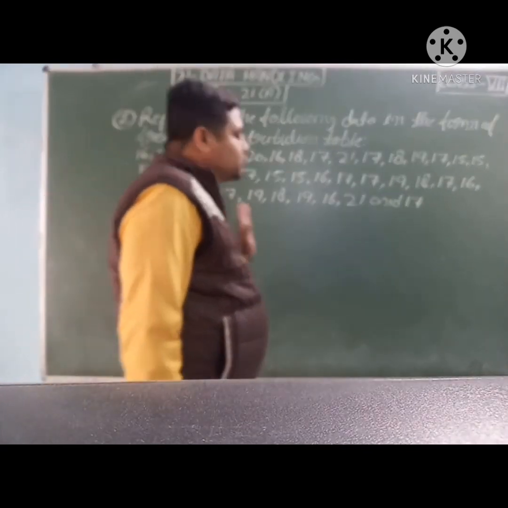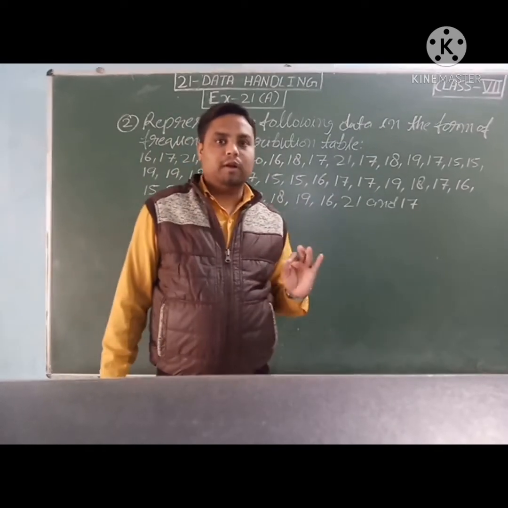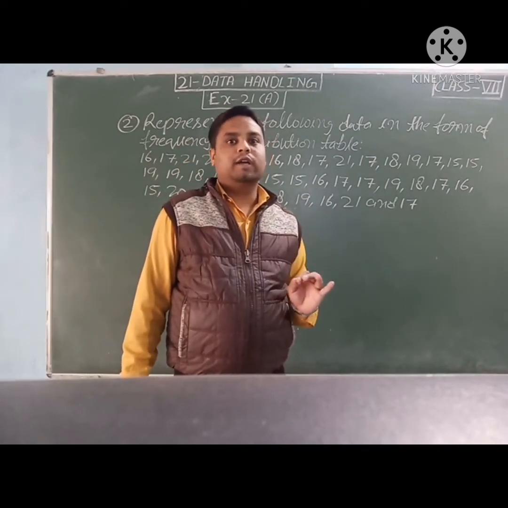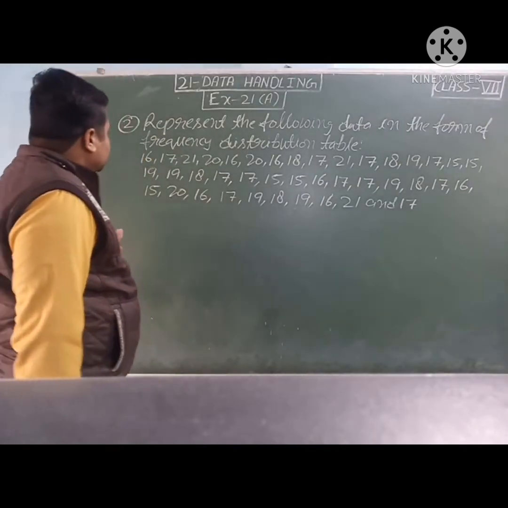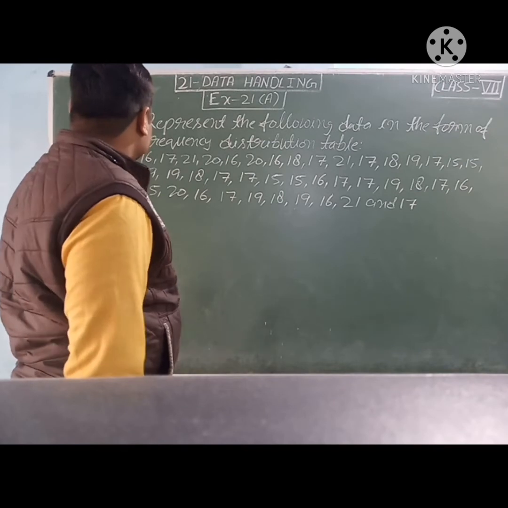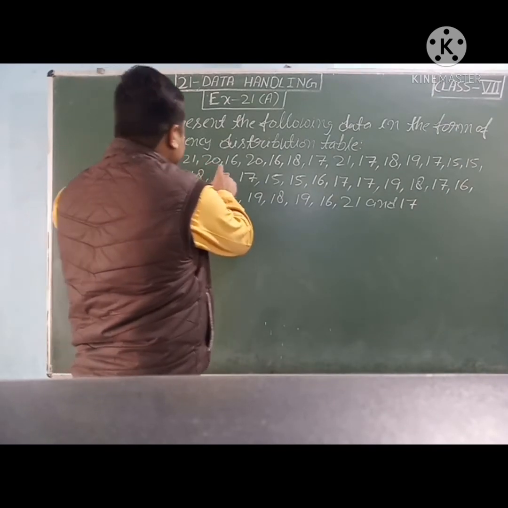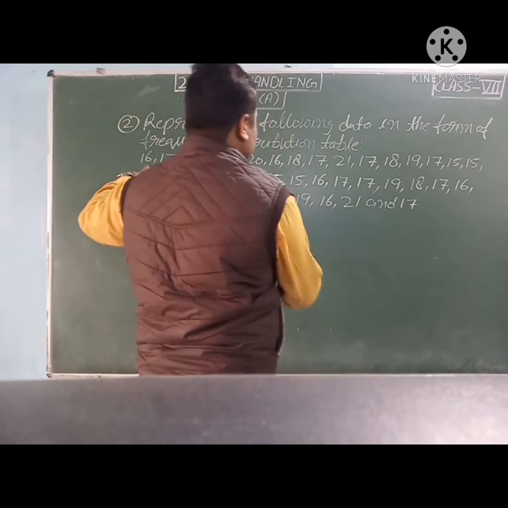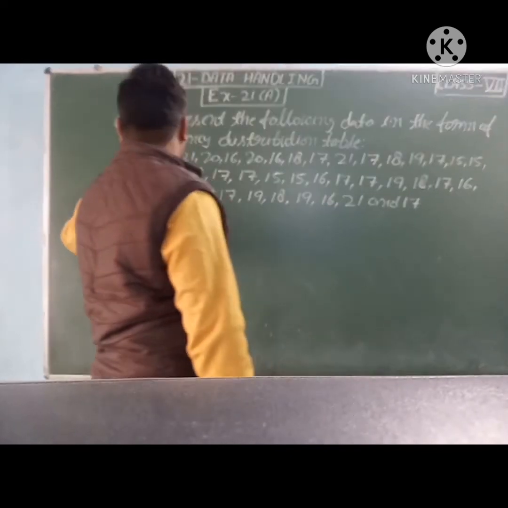So students, before representing this data in the form of a table, first of all arrange this data in an array. So see the smallest number, 16. Any other number less than 16? 15.